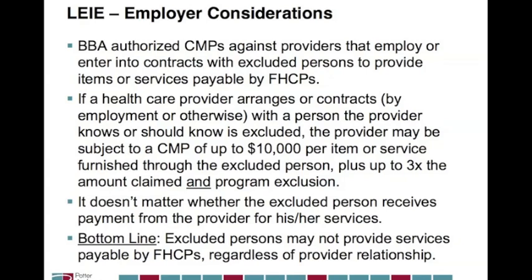And so if a healthcare provider does engage an excluded individual to provide services that ultimately will be the subject of a claim for reimbursement to a federal healthcare program, and that person either directly or indirectly provides those services, the provider can be sanctioned with a civil money penalty, again, of up to $10,000 per item of service, plus the 3 times the amount claimed penalty and program exclusion.